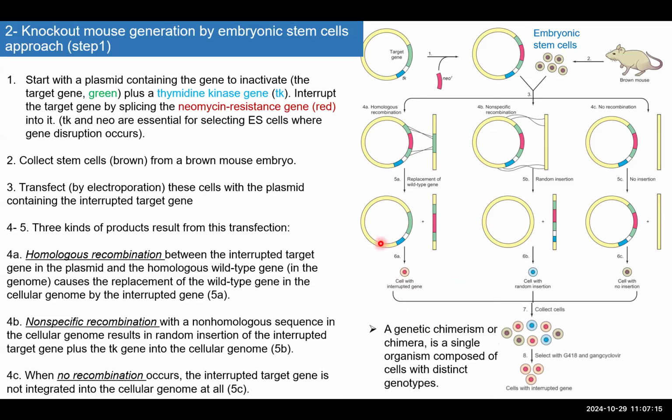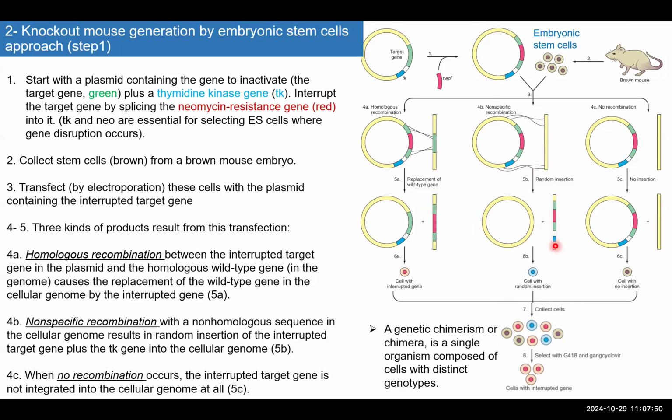Now, the third possibility is that there is a non-specific recombination, meaning in the genome, unspecifically, not only to that gene, so that it doesn't take into consideration the homologous arm of that gene. It took homologous arms from nowhere, and then it took the gene and it took the thymidine kinase with it. In this situation, the gene, the neomycin cassette, and the thymidine kinase will all go into the genome.